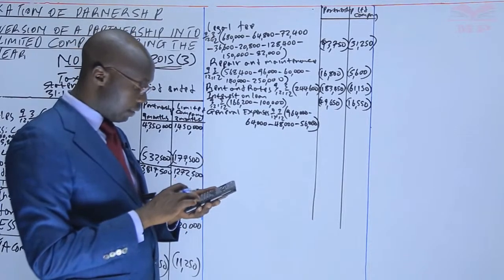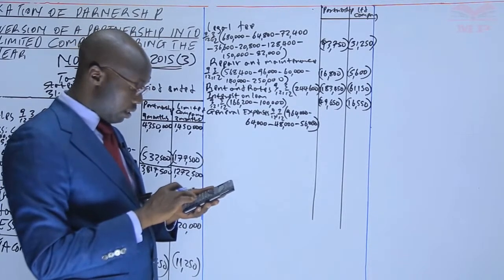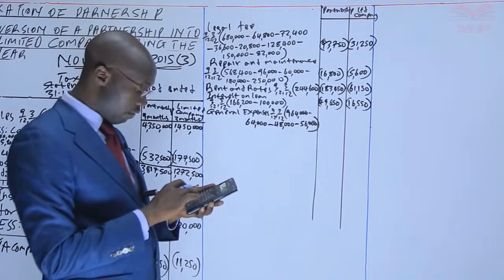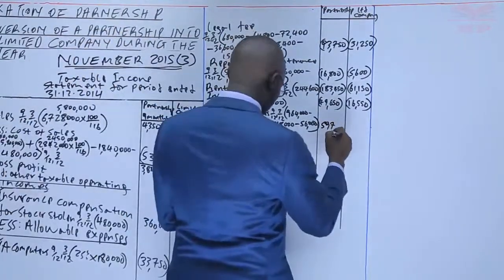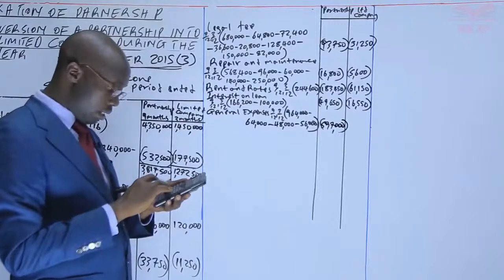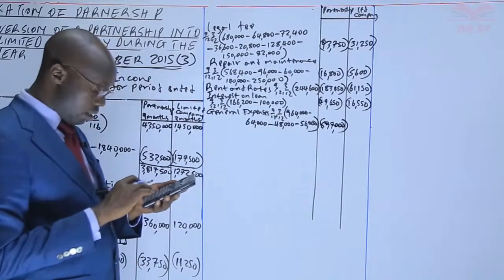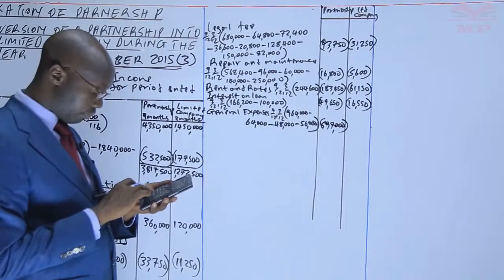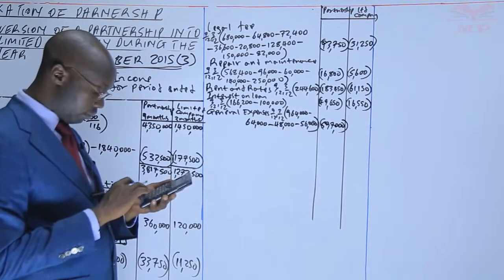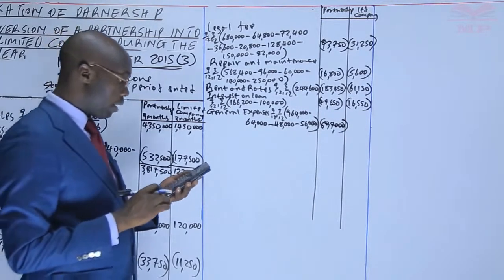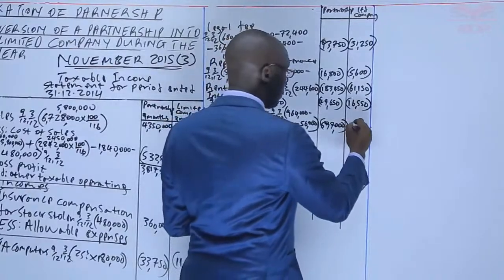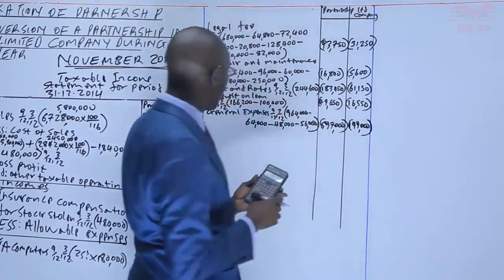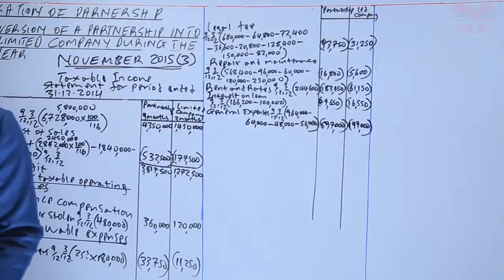Then we take the figure times 9 over 12. 796,000 times 3 over 12, 199,000. Deduct from there. Then we continue.